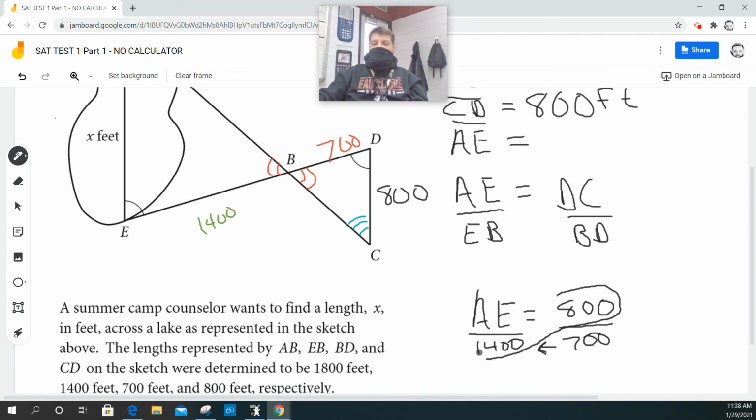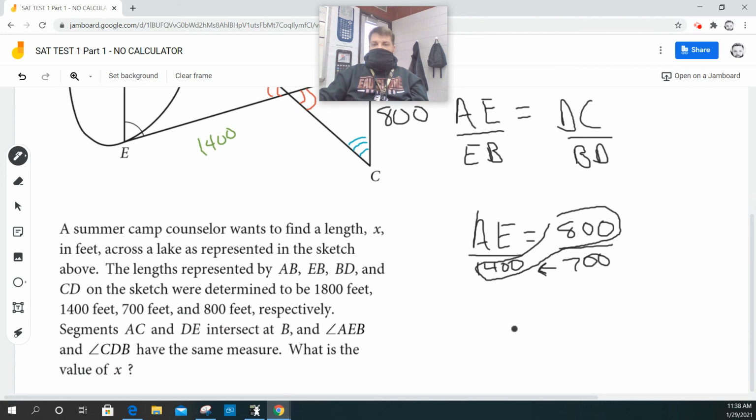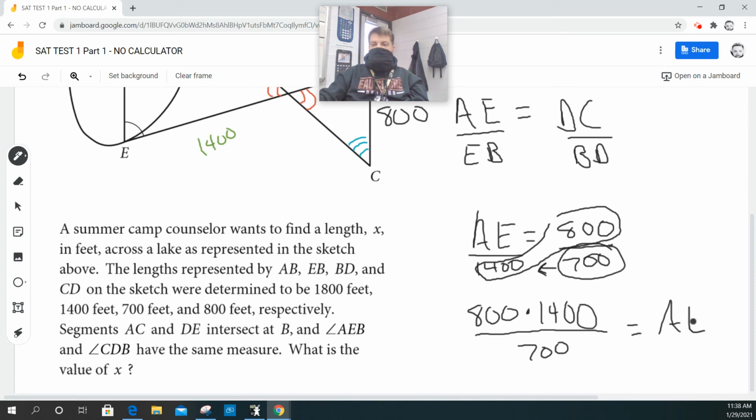The easiest way to solve this is to cross multiply. So I'm going to say 800 times 1,400, and this is also called the bat and ball method, divided by 700 should equal AE.